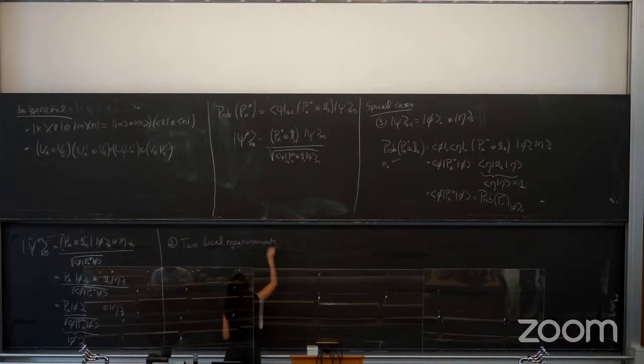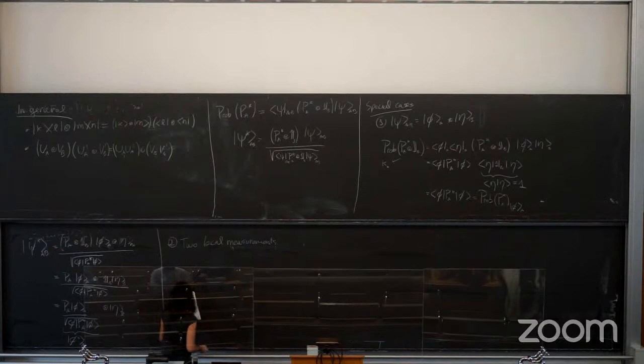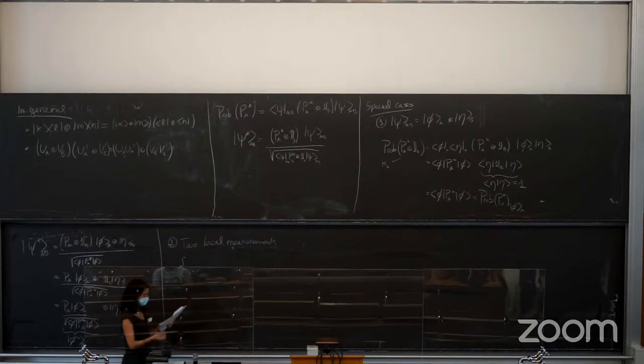I have 2 qubits. I prepare them in some joint state, could be entangled or not. I give one qubit to Alice, one qubit to Bob. They go very far away, and they want to implement local measurements.